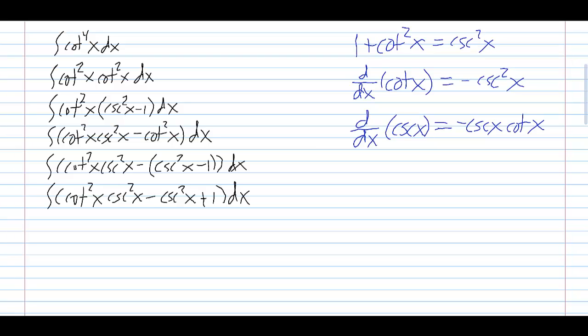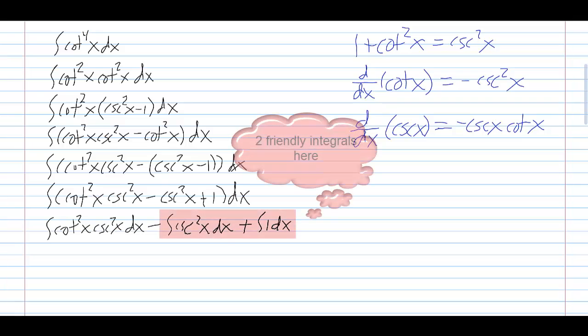Or ripping it apart as 3 separate integrals gives me the antiderivative of cotangent squared cosecant squared, minus the antiderivative of cosecant squared, plus the antiderivative of, well, just a 1 dx.